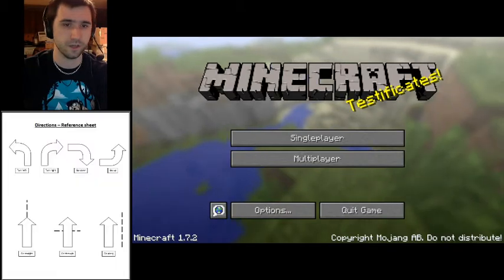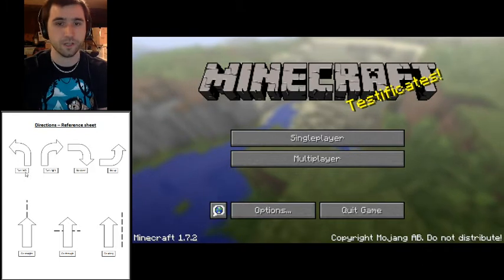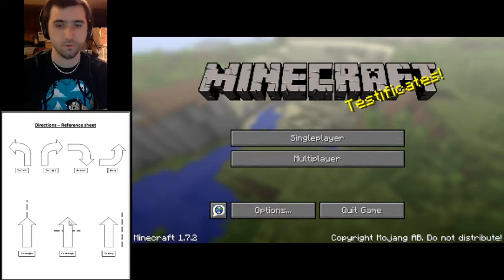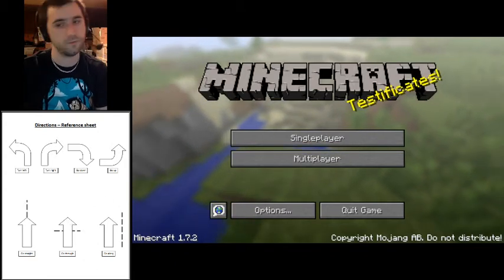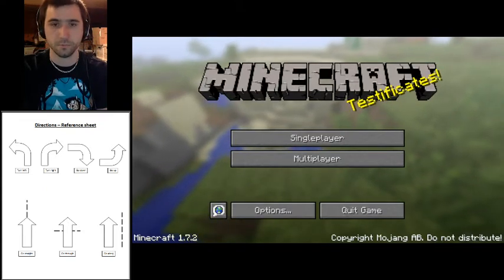So as you can see right here, there are the different directions: turn left, turn right, go down, go up, go straight, go through, and go along. Very basic stuff, but it was appropriate for the level, so it was quite good for them.